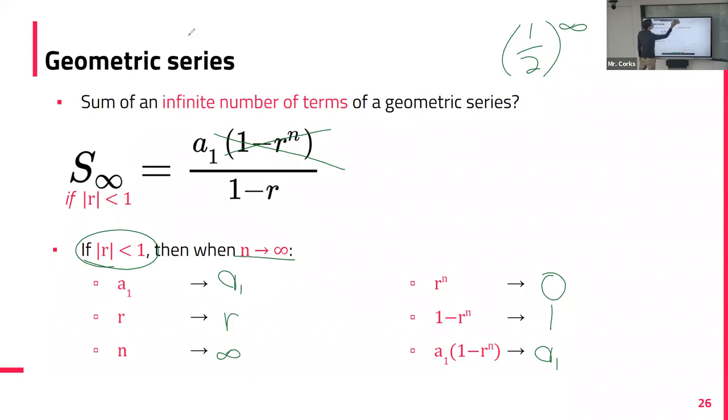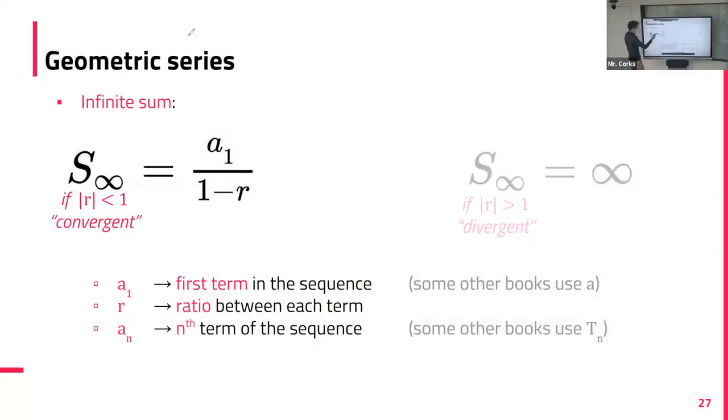And that is the formula. So if our R value is less than 1, and we add up all the numbers to infinity, the answer is not positive infinity or negative infinity. It's just some number, like 5 or 22 or -6. It's just some regular number.